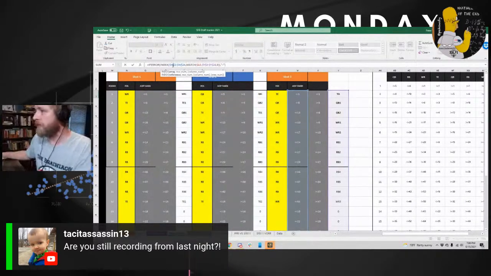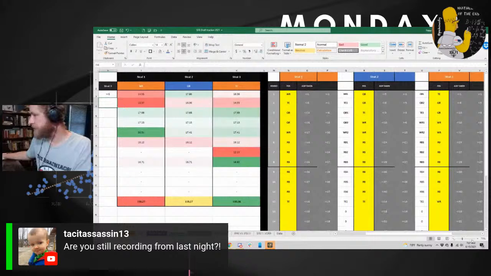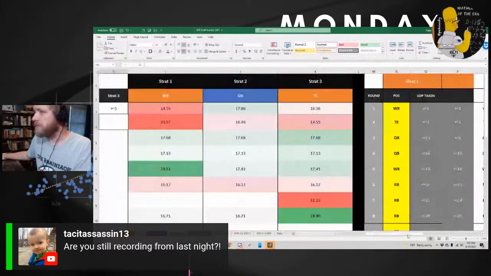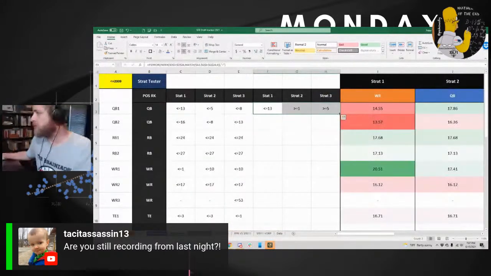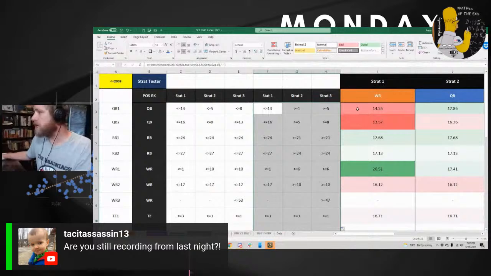No, meant to be X. I'll zoom in a bit more. There you go. Dirty wings.